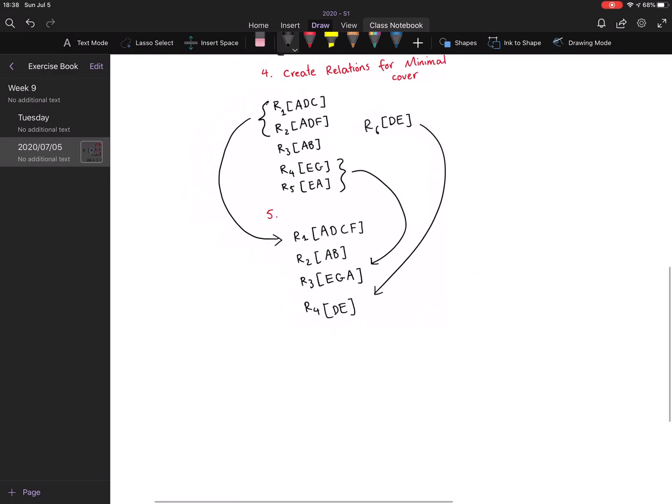Okay. Now, if I am not wrong, then those should be in third normal form already. Okay, that should be in third normal form.